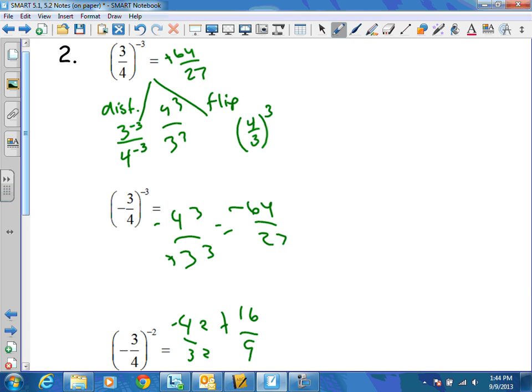So it's okay, but make sure we understand why. So 2 was even or odd? Even, so our final answer will be positive. 3 was odd with a negative inside, so our final answer will be negative. Is that okay?